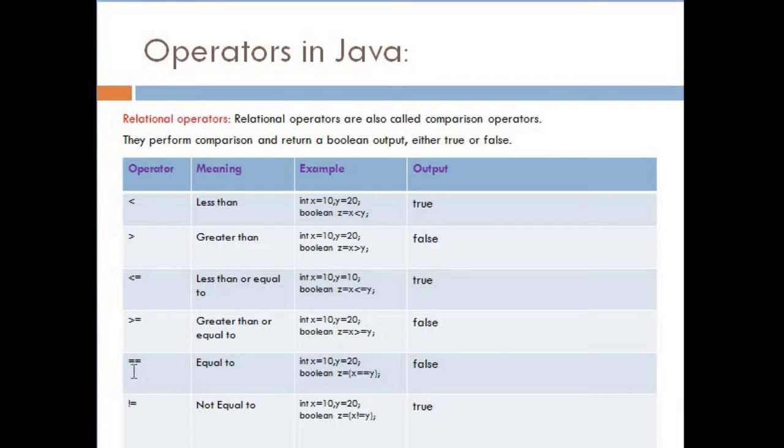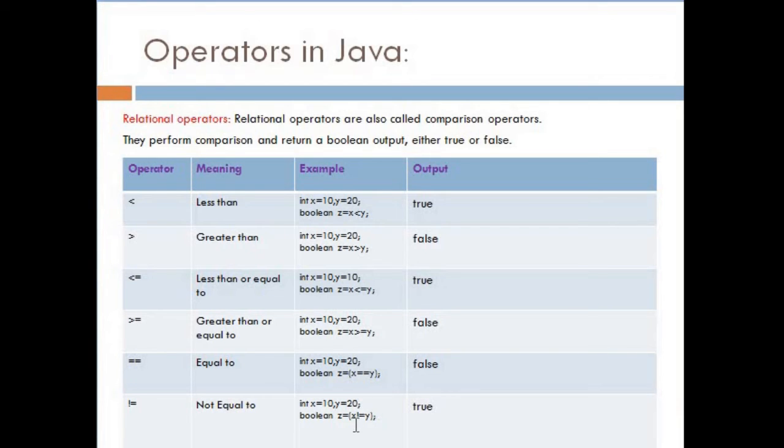So remember, double equality means it is checking whether one number is equal to another number or not, as represented by this expression, whether the value contained in the variable x is equal to y or not. And exclamation mark equal to means not equal to. Here this Java expression is checking whether the boolean variable z is equal to x not equal to y or not. Here exclamation stands for not.